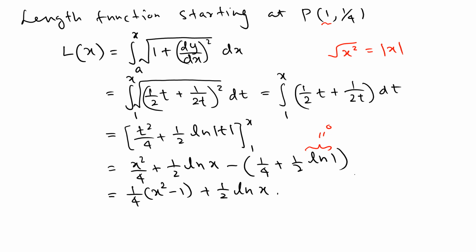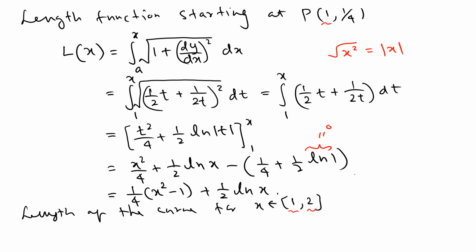Good, so that is the arc length function. Now what we can do is find the length of the curve for x in 1 to 2 in that domain. x is simply starting at 1 and going all the way up to 2.